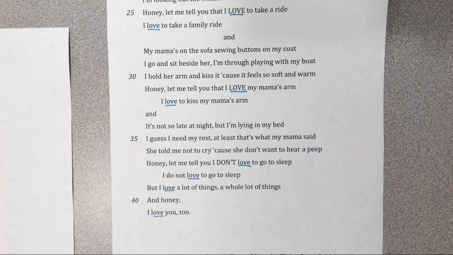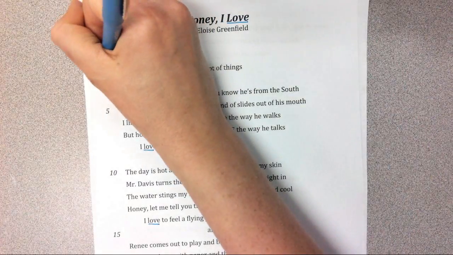Now, when I go back, I'm like, wow, that's a lot of loves repeated over and over again in the poem. That's step 2.